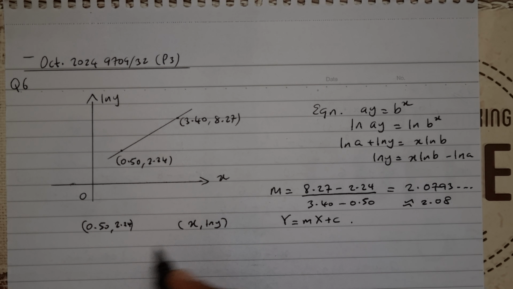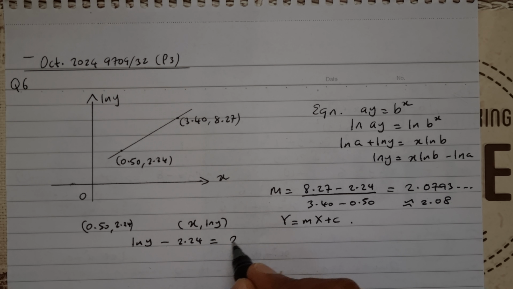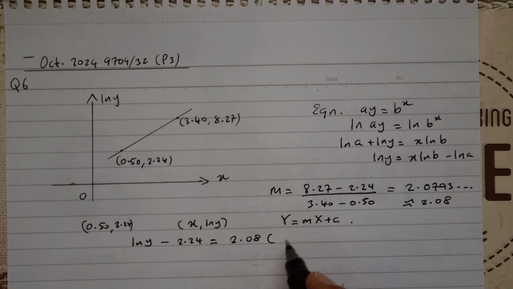So I'm going to say ln y minus 2.24 is equal to the gradient m, which is 2.08, into x minus 0.5. Now, let us go and simplify this further.